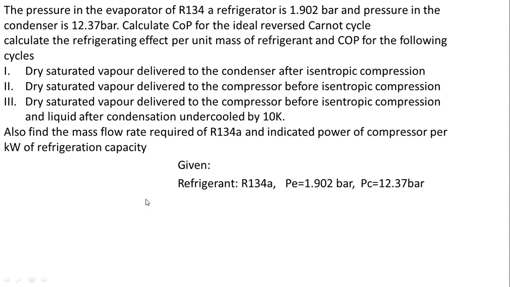So what is the given data? The given data is that the refrigerant is R134A, the evaporator pressure is 1.902 bar, while the condenser pressure is 12.37 bar. So the refrigerant is given, that is R134A. It means that you have to use the property tables of R134A, or you have to use the pH chart for R134A.